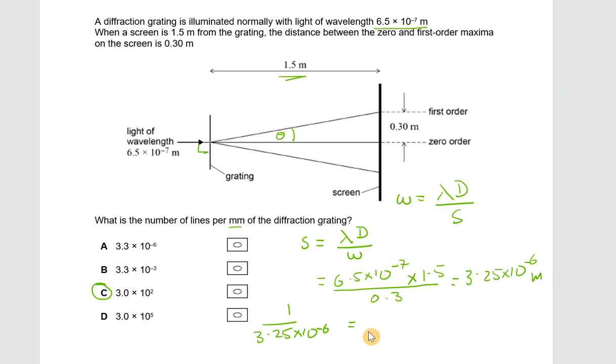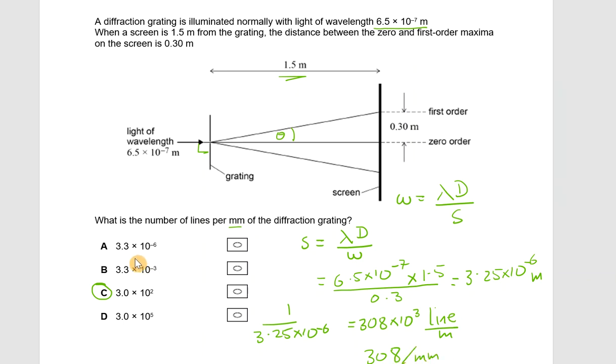Those numbers go into my calculator and I get an answer of 308 times 10 to the 3, and that's lines or slits per meter. But I want to know how many per millimeter. If there's 308,000 per meter, there's going to be 1,000th of that number per millimeter, so 308 per millimeter.